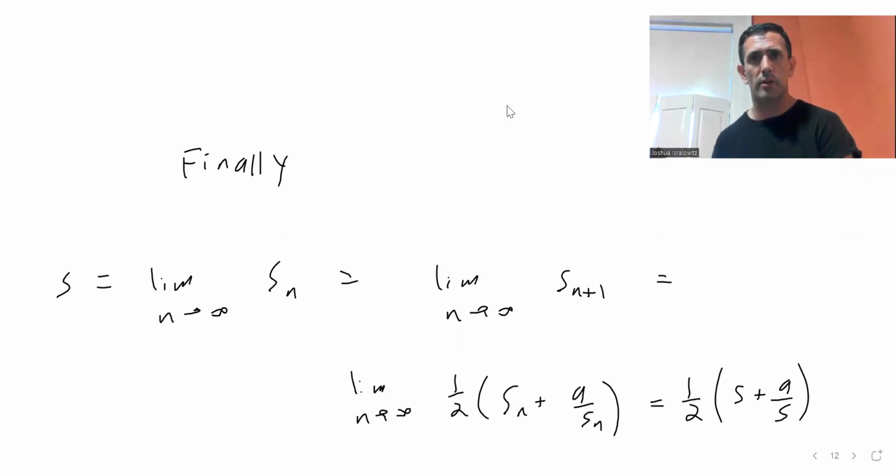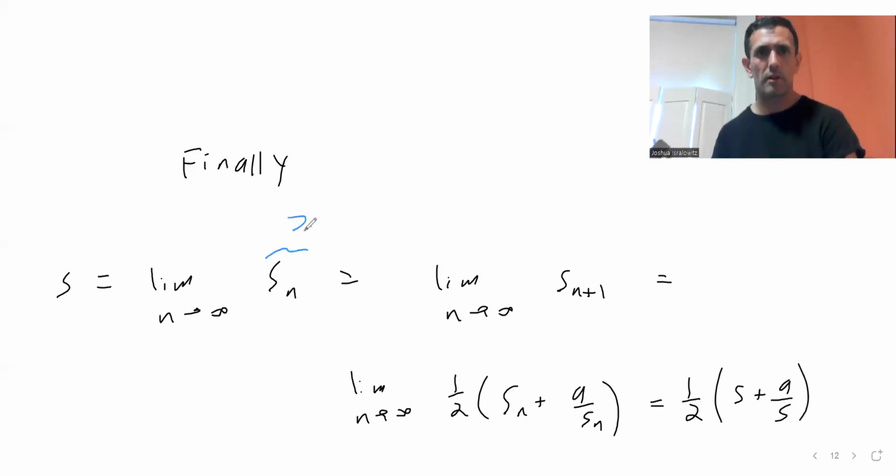That's our assumption here. So limit laws are fine. Each S_n is bigger than 0, so no problem. All right, so s is 1/2 s plus A over s.